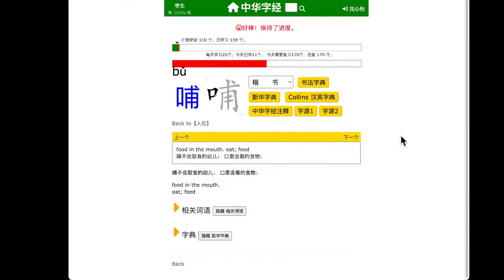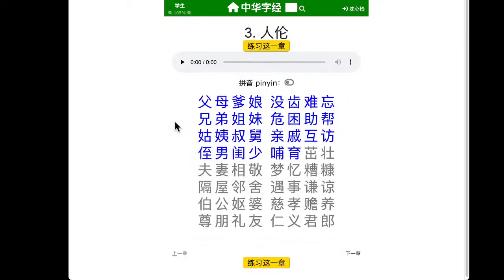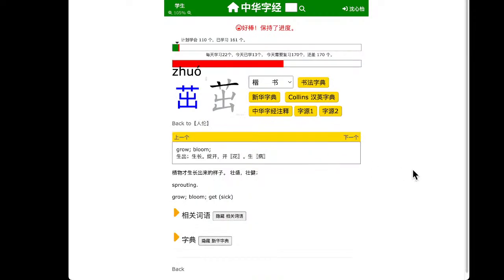Bu refers to putting food in the mouth, so eating or feeding. Yu is either giving birth or also raising and bringing up. So it's child rearing. Zhuo, you see this one has grass on top.